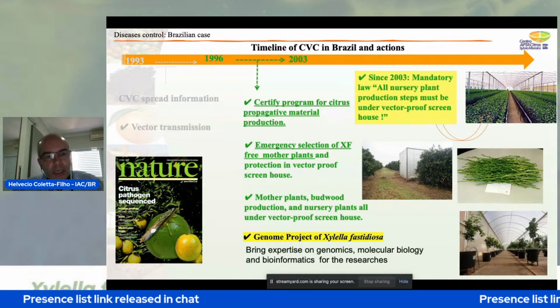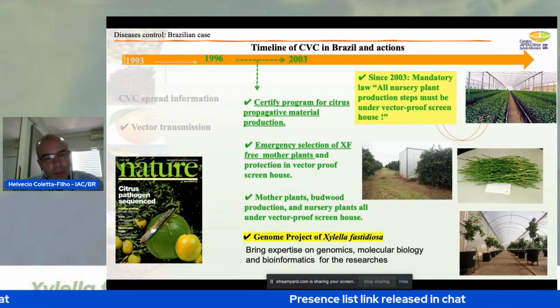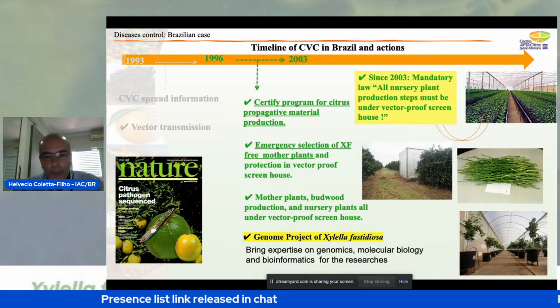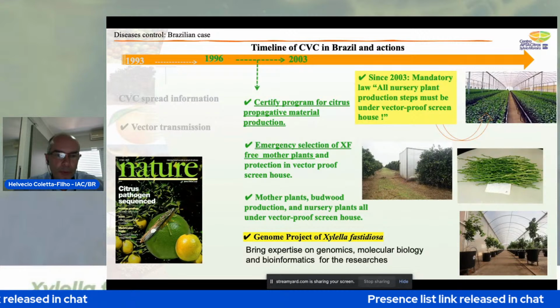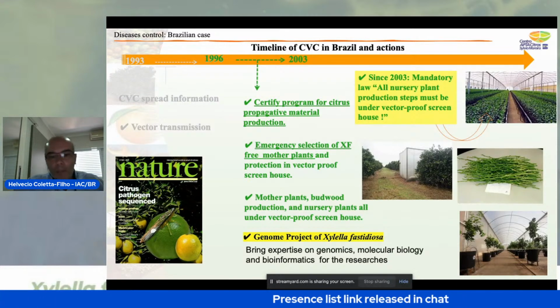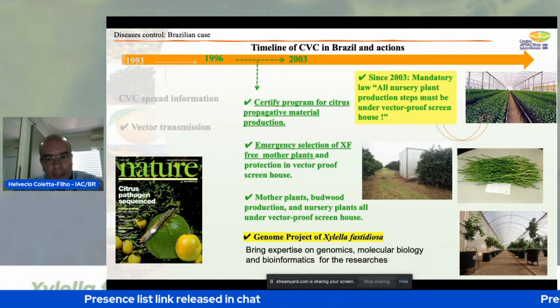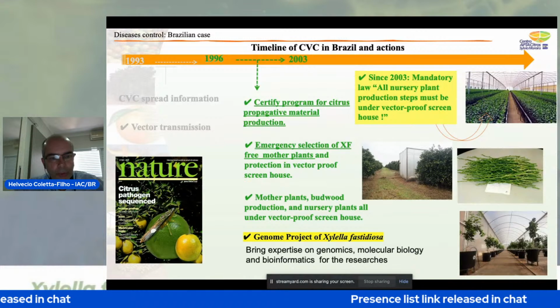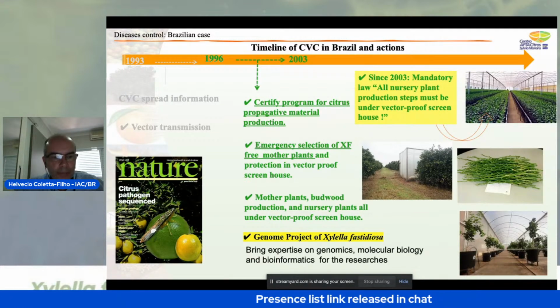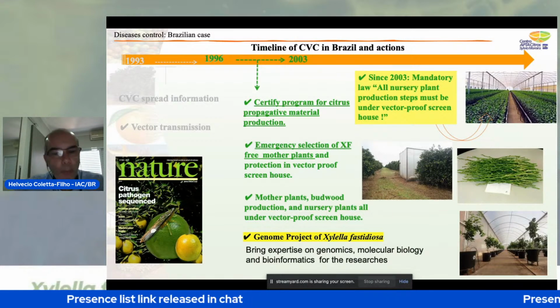At this time, the São Paulo State agency FAPESP had a program to sequence organisms to start genomics in São Paulo State, and Xylella fastidiosa was selected as a model organism to have its genome sequenced.